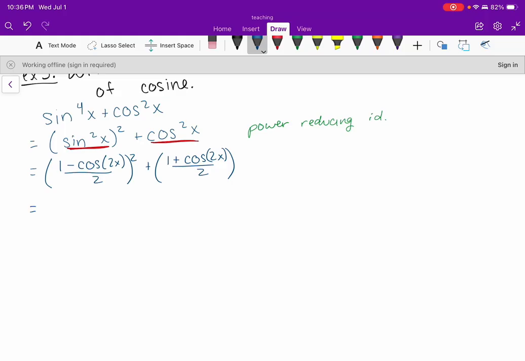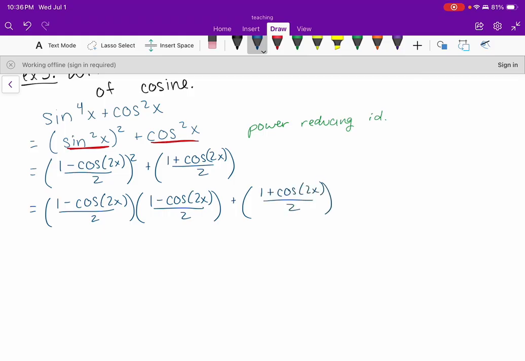Remember, when you square something, you're really multiplying it by itself. So this is 1 minus cosine 2x over 2 times 1 minus cosine 2x over 2. And then I just still have this 1 plus cosine 2x divided by 2.